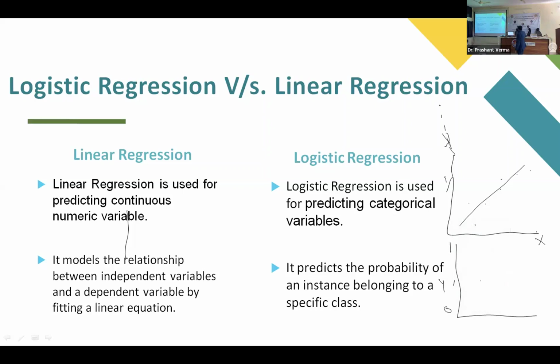For all the x values here, you will either have the points here or here, like that. So you will not be able to fit a linear line with that. You cannot use a linear equation for that. For that we need a transformation.